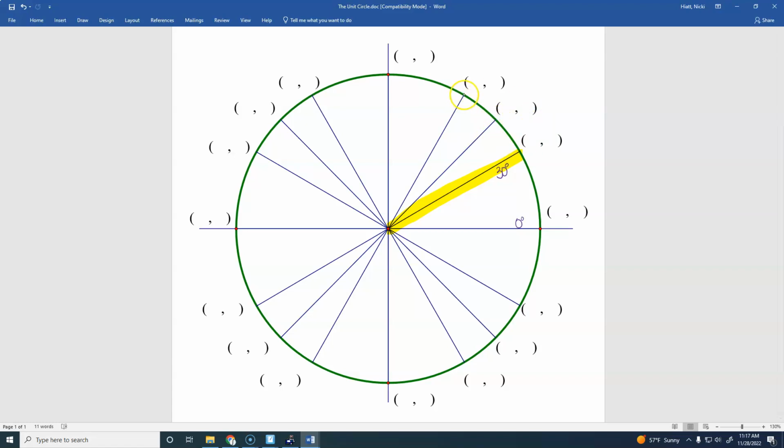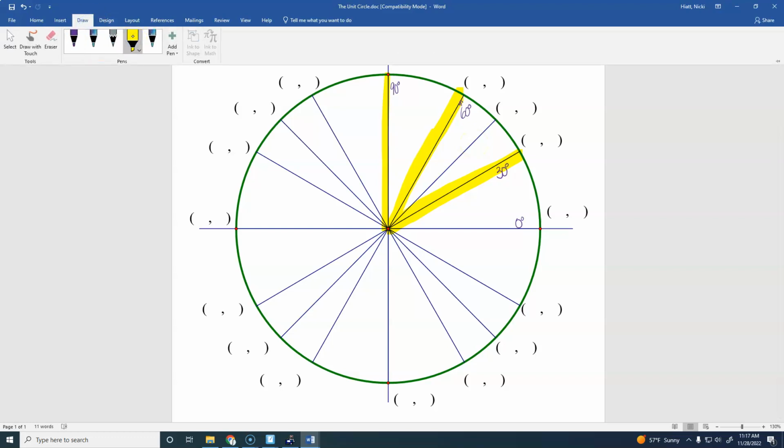So what should this angle be? This one is going to be 60. If I go that distance again, what should I get right there? 90. So I'm just adding 30 degrees as I go around. I'm skipping these ones that make this little skinny pie piece. They're going to be half whenever we get there.